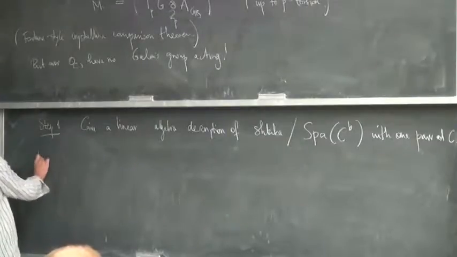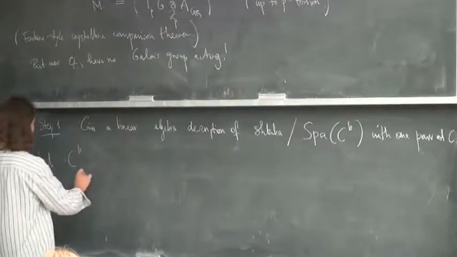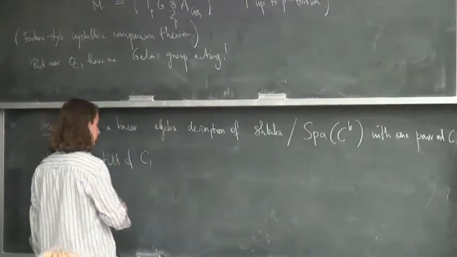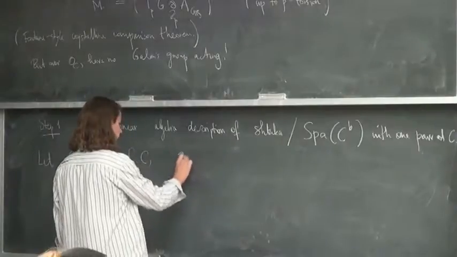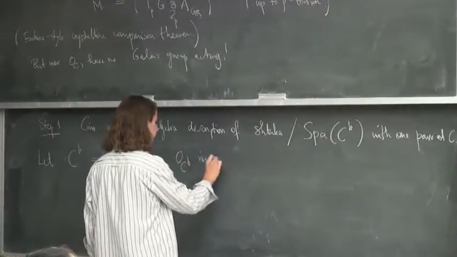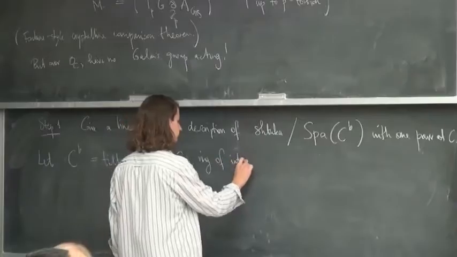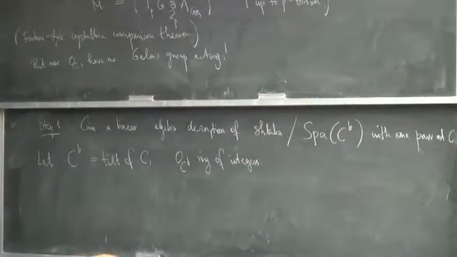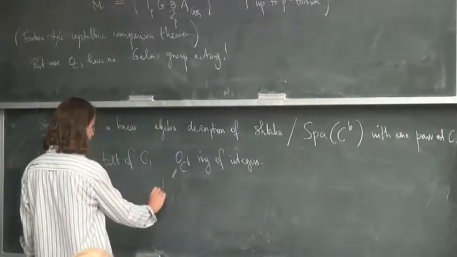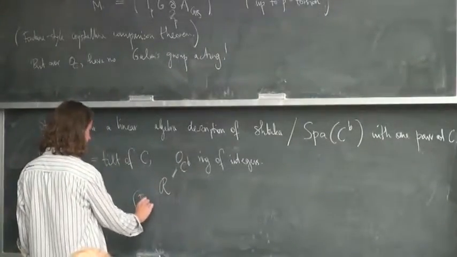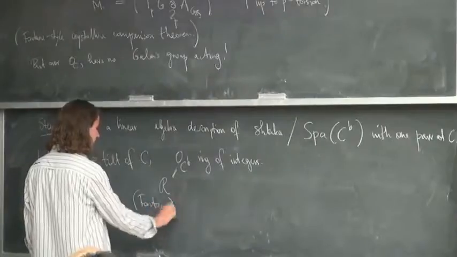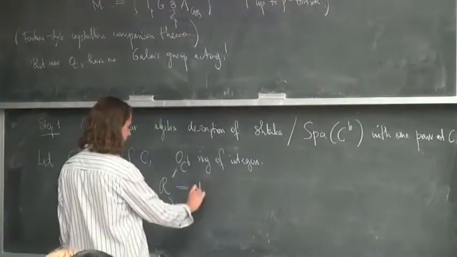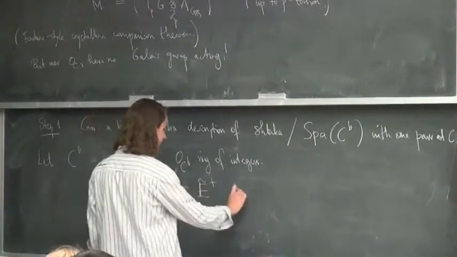So let me introduce some notation and remind you of other notation for these objects. O_C flat, the ring of integers, is classically also called R by Fontaine, or it's also called E tilde plus by Berger and Colmez.